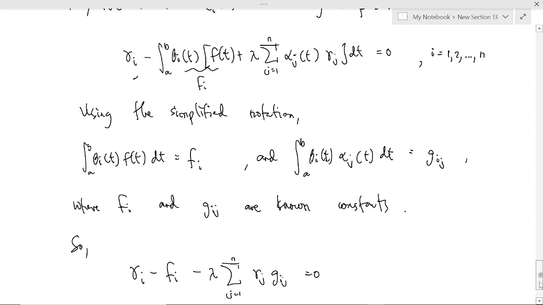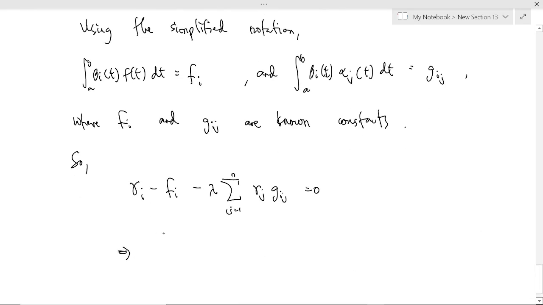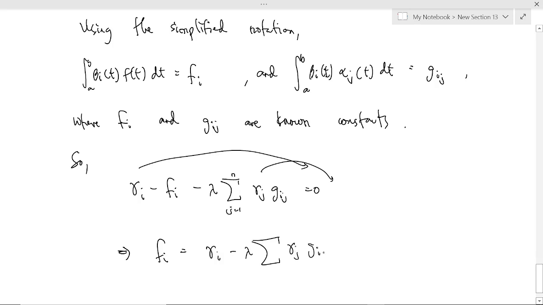This implies that F_i, transposing to the other side, is equal to gamma_i minus lambda times the sum of gamma_j G_ij, from 1 to n.